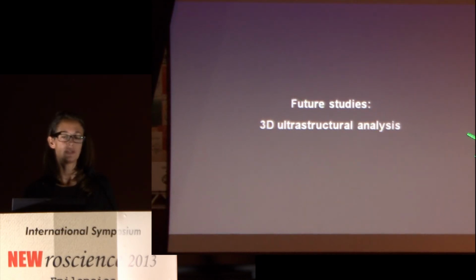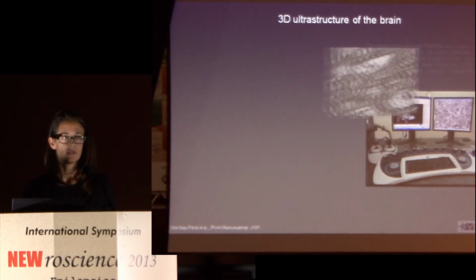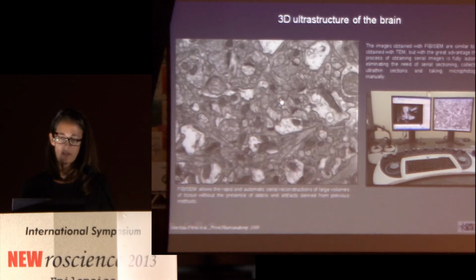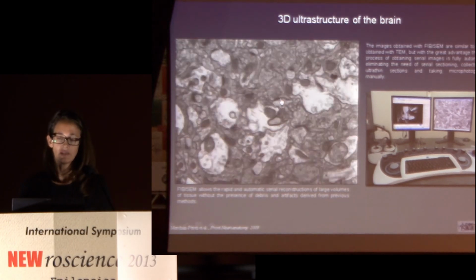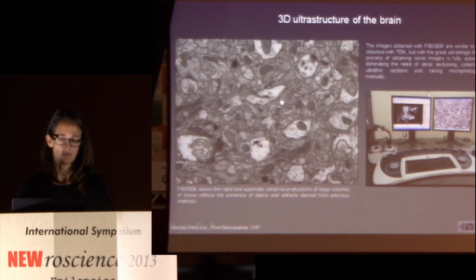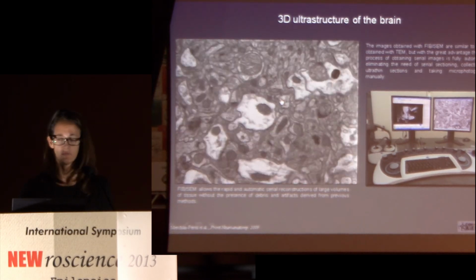Finally, I would like to mention that our future studies are focused on the detailed 3D ultrastructural analysis of the pathologic tissue. For this purpose, we now have a new microscope. This is a focused ion beam scanning electron microscope, which allows us to obtain pictures similar to those obtained with transmission electron microscopy, but with the advantage that we obtain serial images in a fully automatic way.